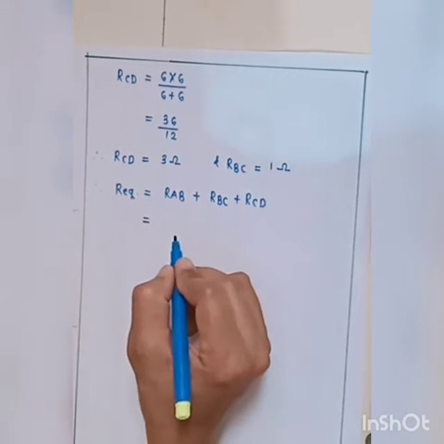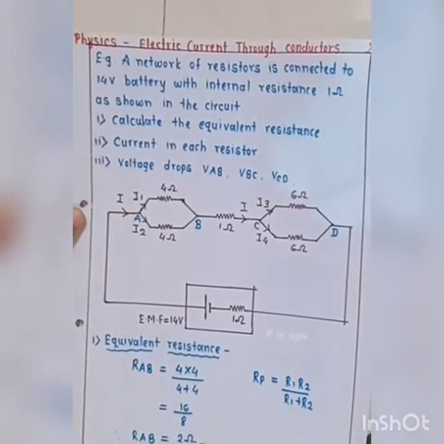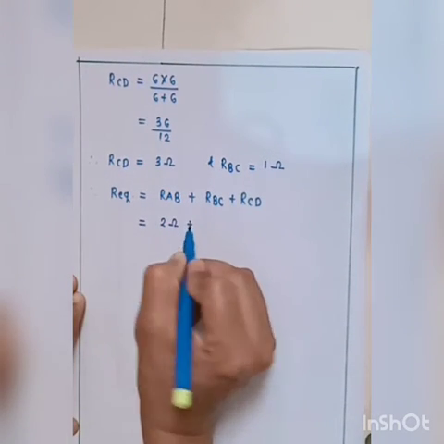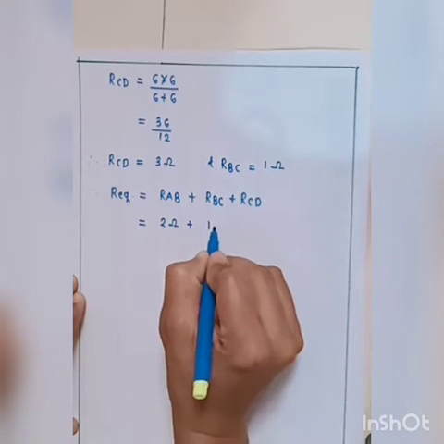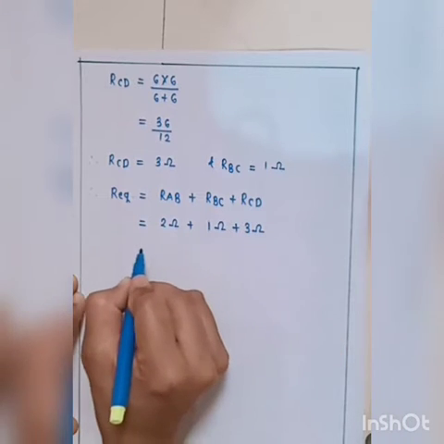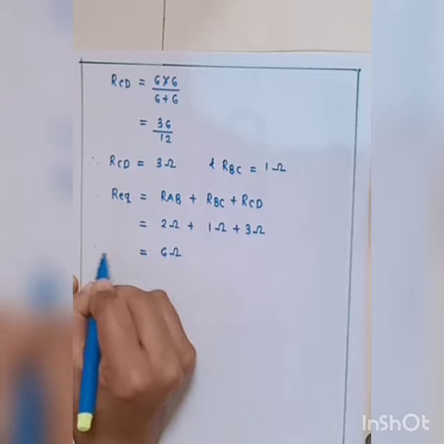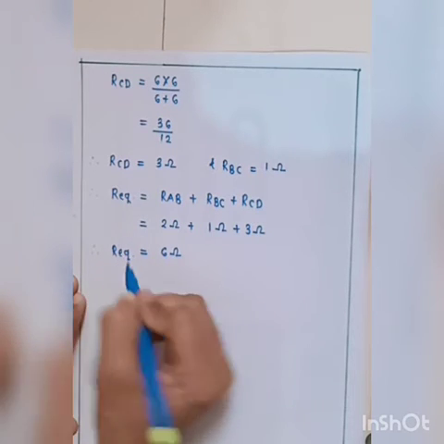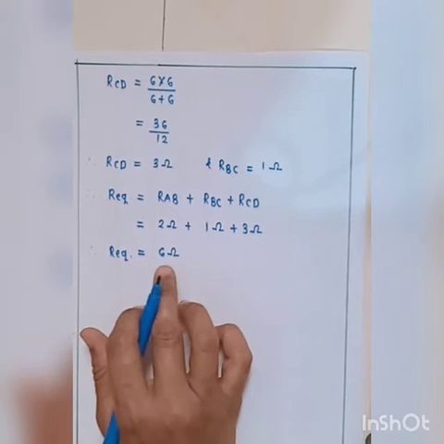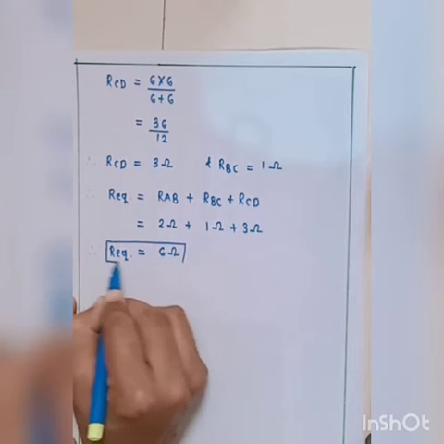So resistance across AB is 2 ohm, plus resistance across BC is 1 ohm, plus resistance across CD is 3 ohm. So we get total 6 ohm. So R equivalent, that is equivalent resistance for these three networks, is nothing but 6 ohm.